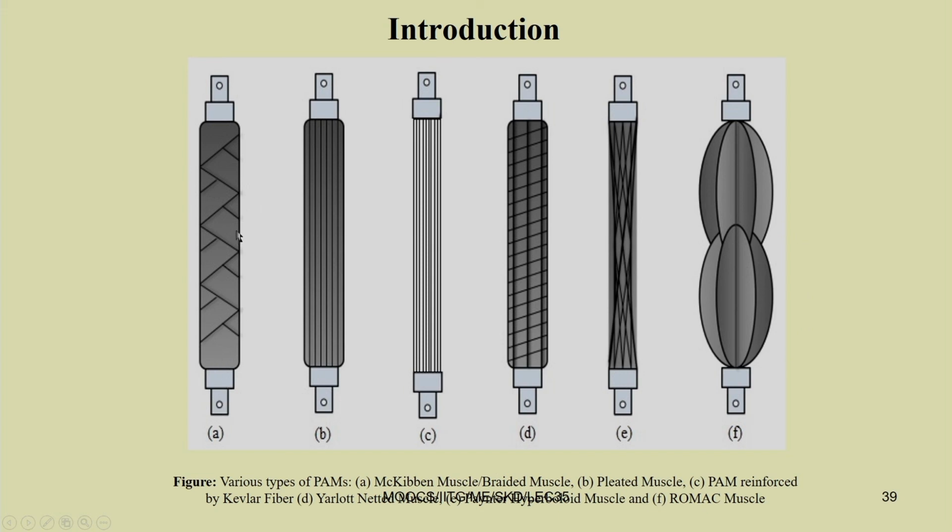Here we have to introduce pneumatic force or air into these braided muscles. Due to the air force, the muscle will expand in the transverse direction and there will be a contraction in the longitudinal direction. This contraction can be used for actuating the muscle. We provide the air force or pneumatic force using either a blower or a compressor, and we can actuate these muscles for different applications.